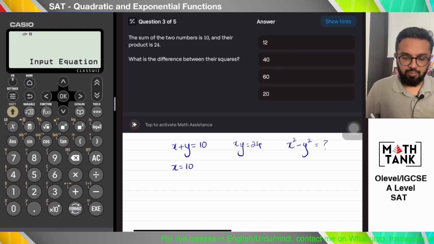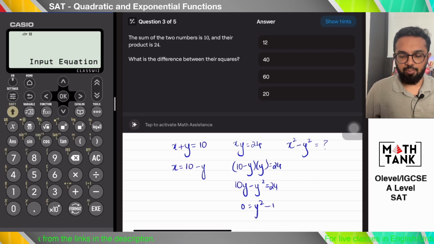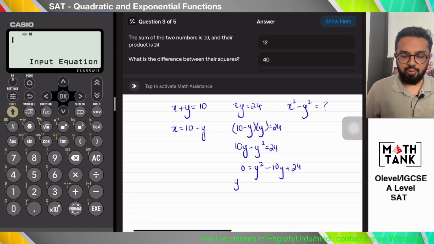Okay, so x equals 10 minus y, and I can do 10 minus y into y equals 24, and then 10y minus y square equals 24, y square minus 10y plus 24. Now when I solve this, I'm going to get two numbers, 6 and 4. Of course, when y is 6, x is 4, and when y is 4, x is 6.